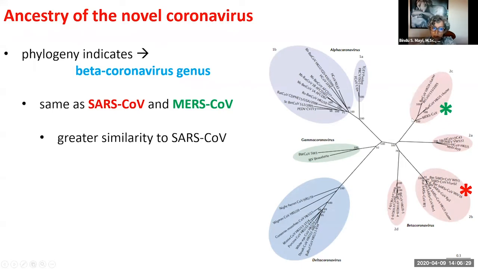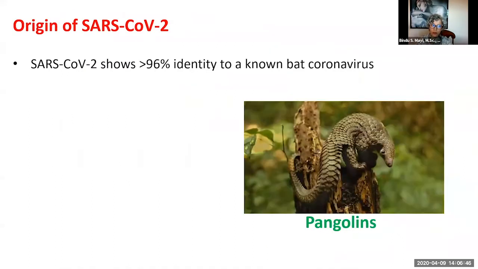But the new virus has greater similarity to the SARS coronavirus and falls closer to the SARS coronavirus. Hence, the name suggested by scientists was SARS coronavirus 2. Okay, that's why that's the name of the new virus.